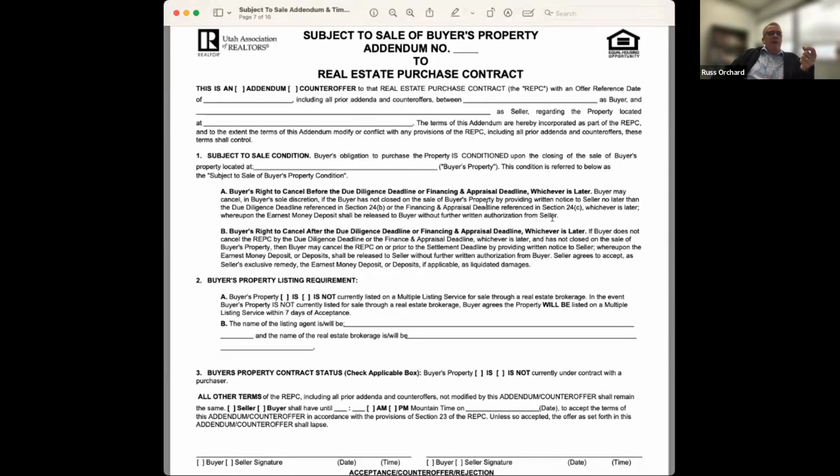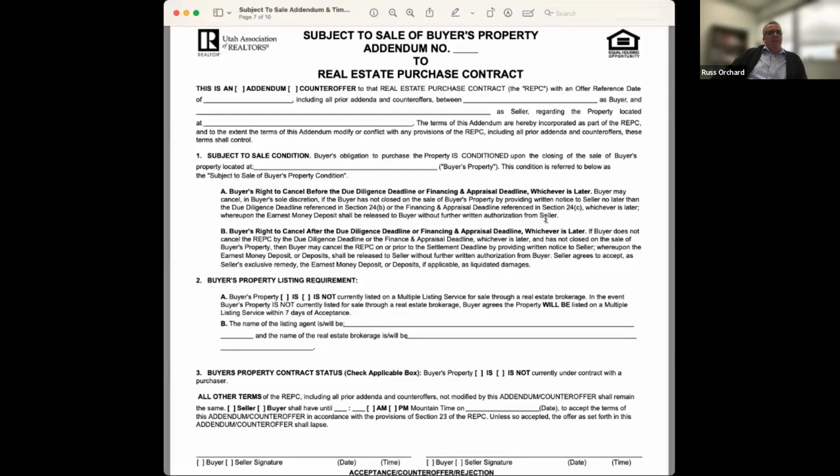So if they cancel before due diligence or finance and appraisal deadline, buyer may cancel in their sole discretion. So again, just could be for any reason, if the buyer has not closed on the sale of the buyer's property, by providing written notice to the seller no later than the due diligence deadline referenced in 24B or the financing and appraisal 24C, whichever is later, and the earnest money will be released to the buyer without authorization from the seller.